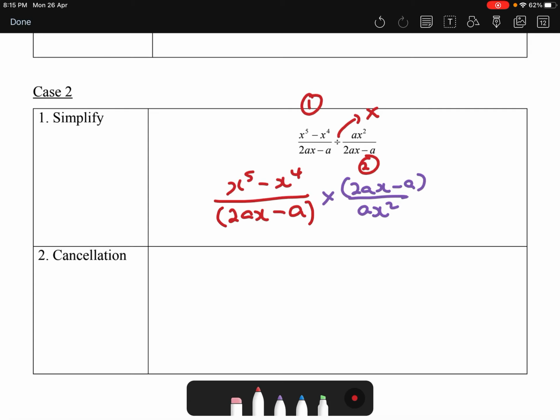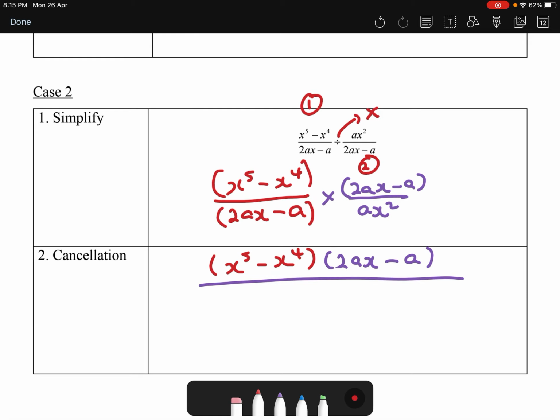Before I do anything, I combine them first: x to the power of 5 minus x to the power of 4, then a bracket, just to be safe, 2ax minus a, over 2ax minus a, then times ax squared. You see that there are two brackets that are the same at the top and at the bottom, so you simply cancel away.